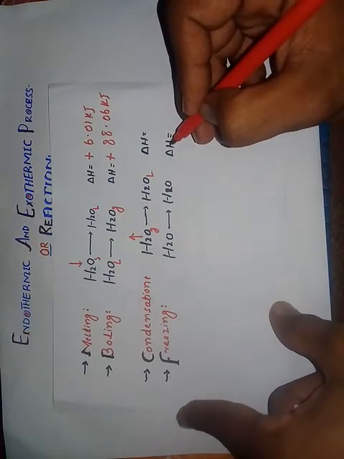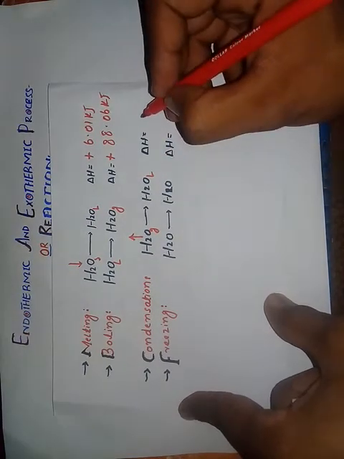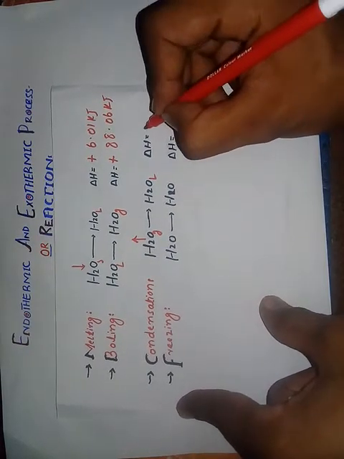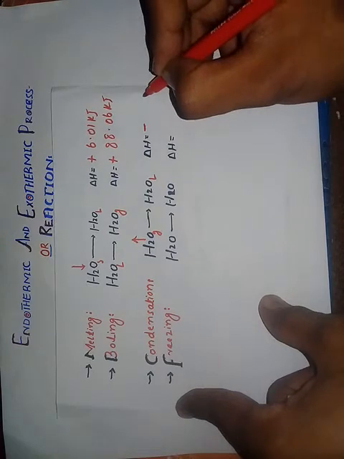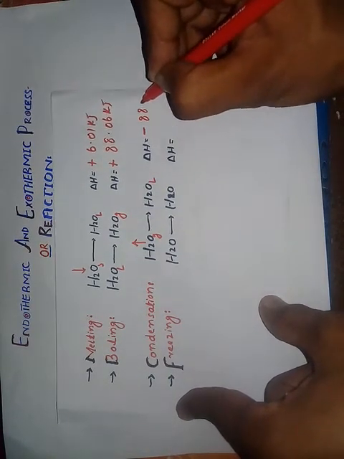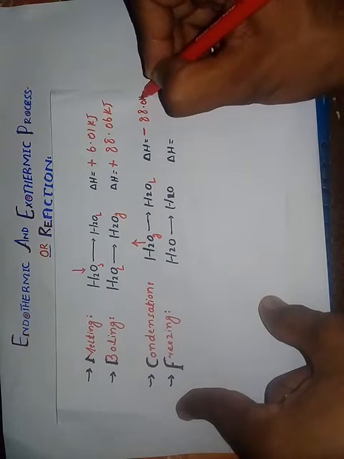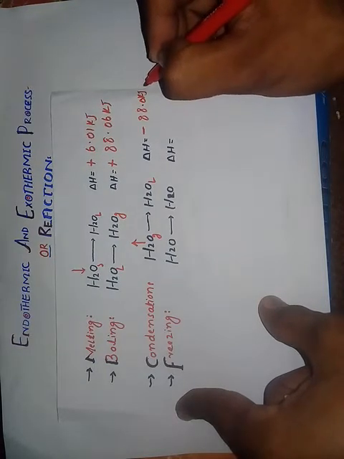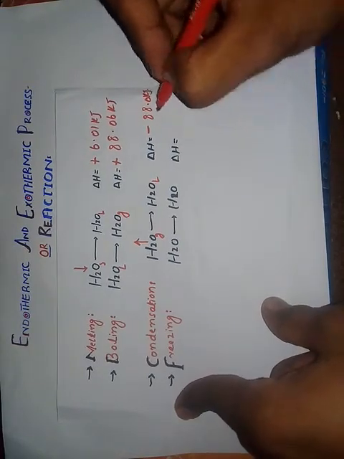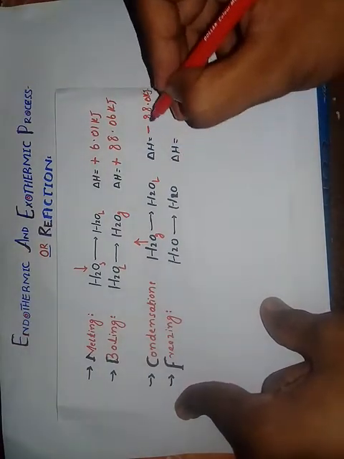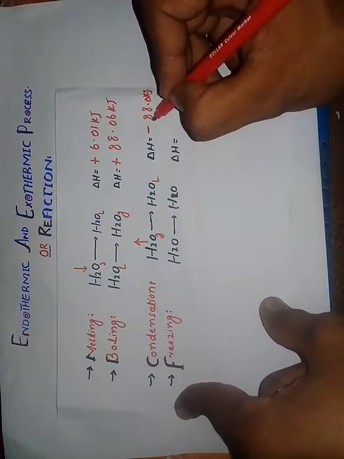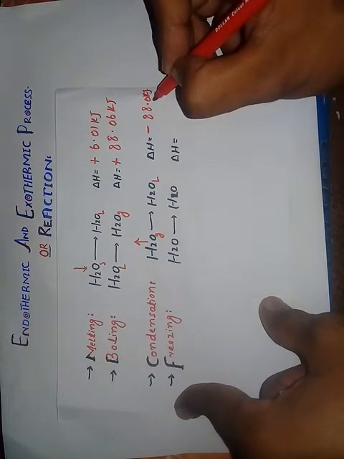How much heat is evolved? As we know, in the exothermic case delta H is taken as negative, so I will write 88.06 kilojoules. Yes, it is released. I mean that in this process this heat is evolved.